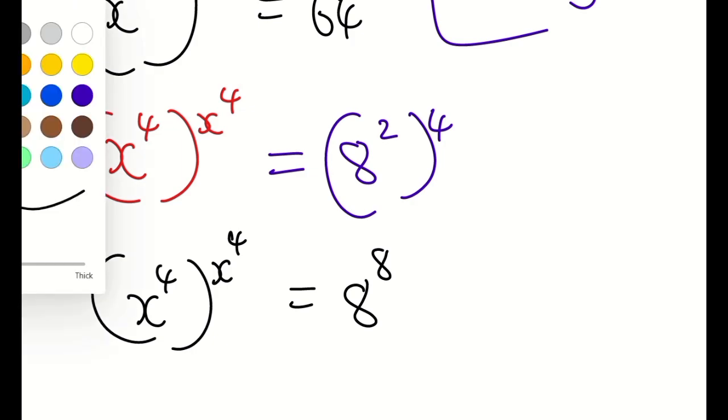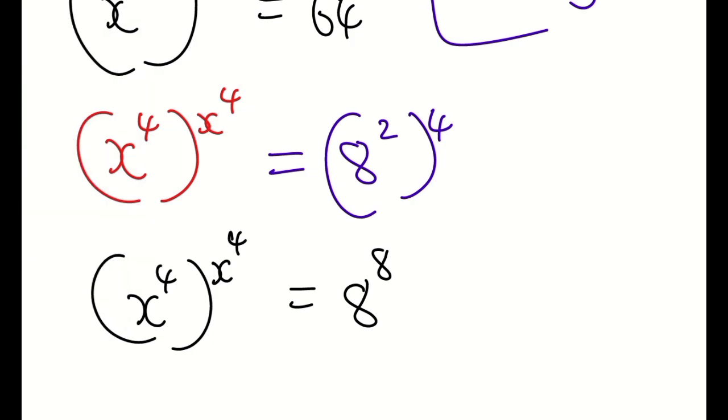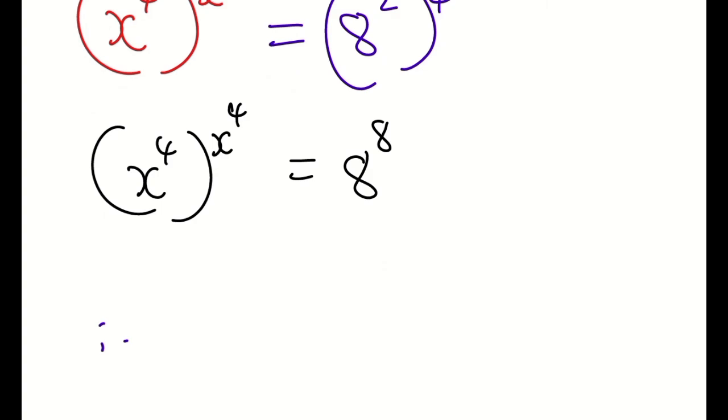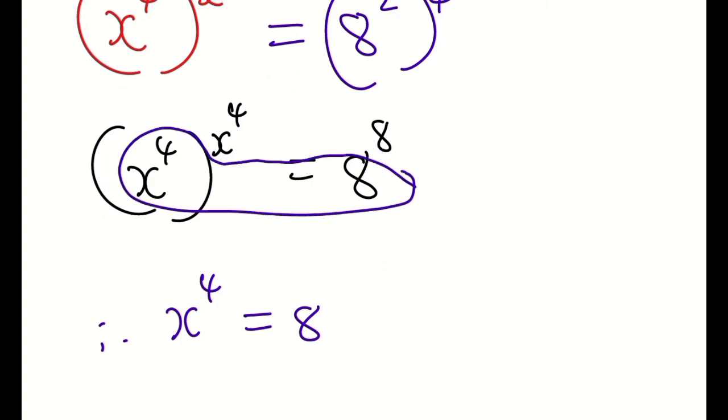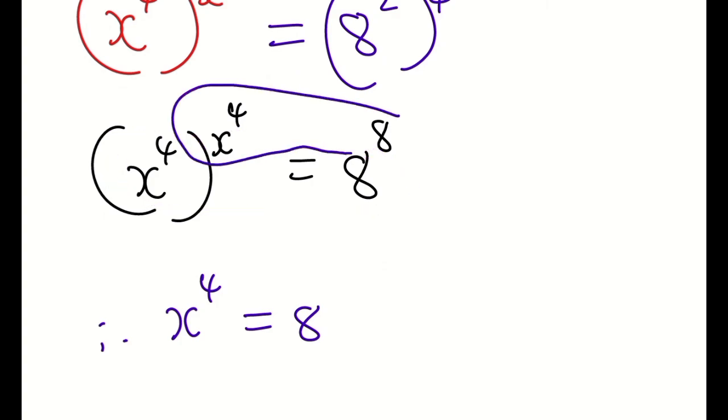Now, when you compare at the base level and at the exponent level, you see the same thing. So what does that tell you? That therefore, x raised to the power of 4 is equal to 8, because when you compare at the base level and at the exponent level, you have x raised to the power of 4 is equal to 8.